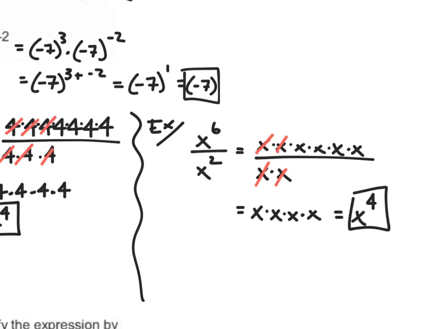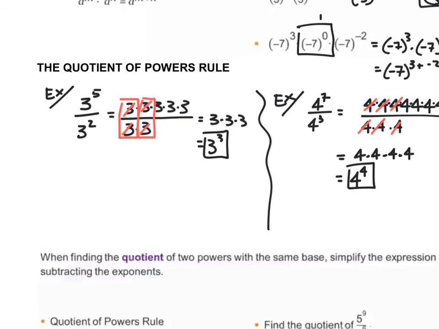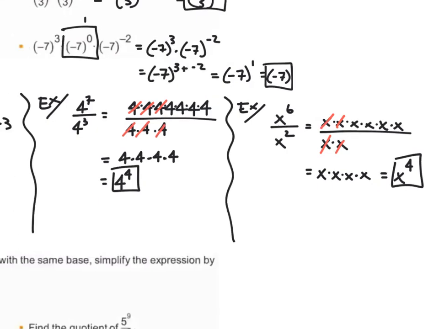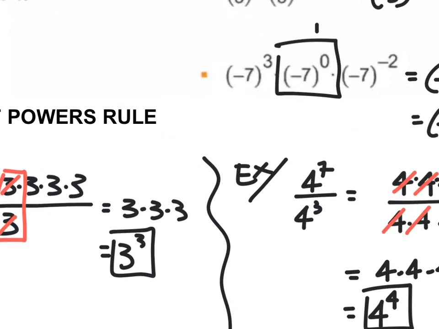Okay, so you're probably sitting there wondering, all right, well, there's another pattern here. How do I use the numbers 5 and 2 to get 3? How do I use the numbers 7 and 3 to get 4? How do I use the numbers 6 and 2 to get 4? All right, and so what I want you to know here is that you're going to subtract your exponents if you're dividing them.